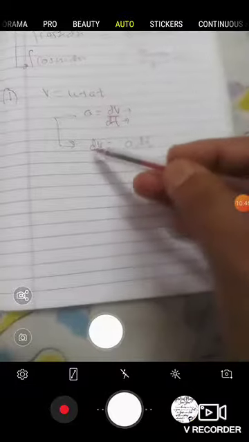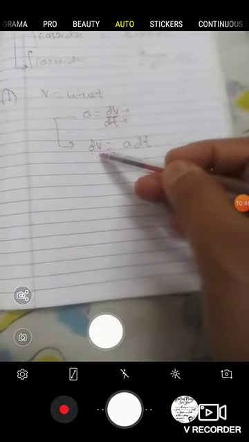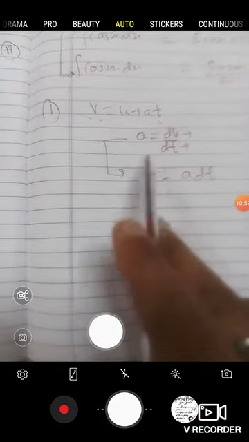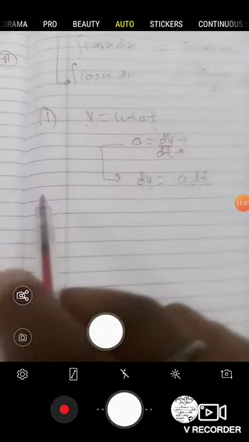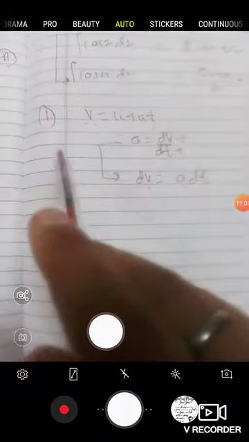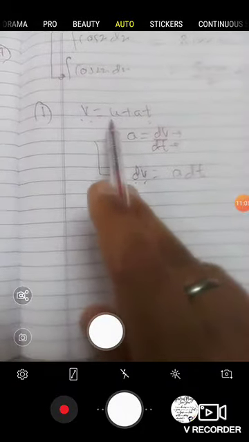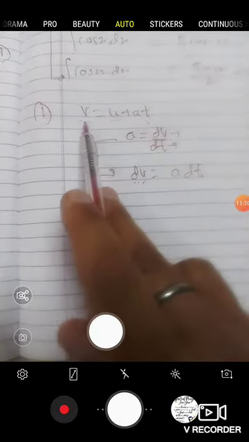Now I know that if I integrate dv, I will get v, like the integration of dx will give you x. Similarly, integration of dv will give you v. But in this equation, if you see very carefully, there are two velocities: one is initial velocity, another is final velocity.